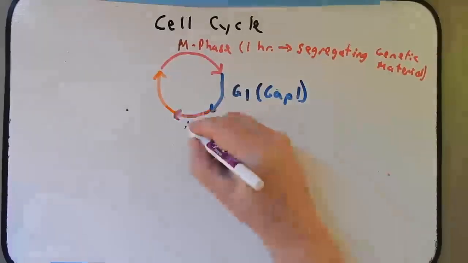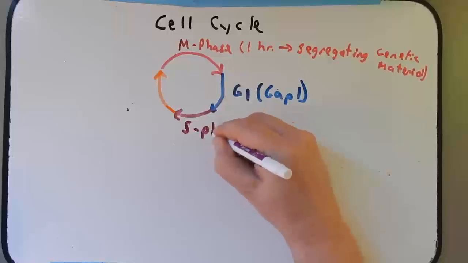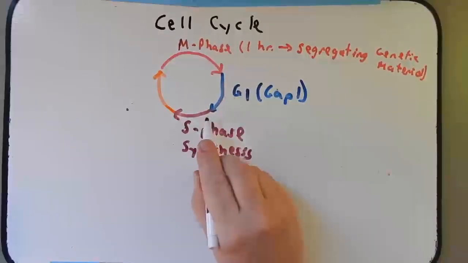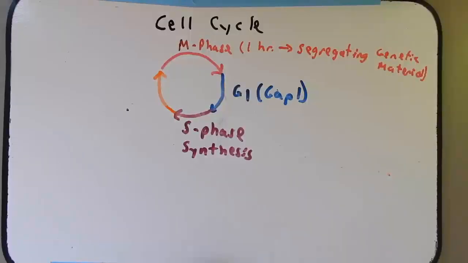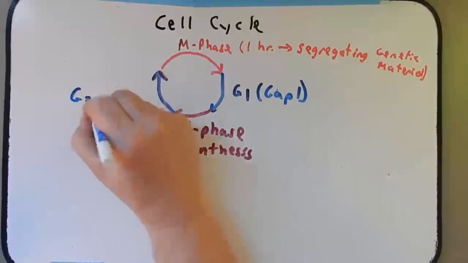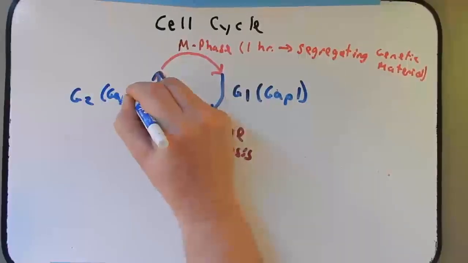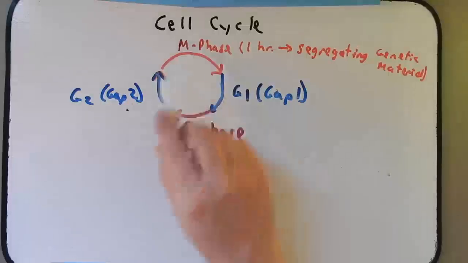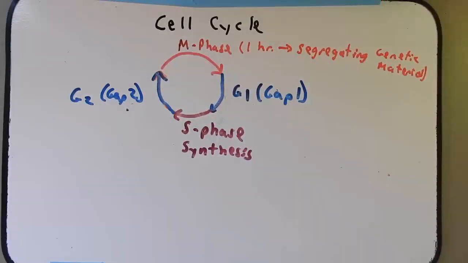This next part is called S phase. S stands for synthesis. So this is the part where the DNA is going to be copied. And then this last part of interphase is called G2, which stands for gap 2. The gaps are what separates the S phase from the M phase. So let's talk a little bit about what happens during these phases.